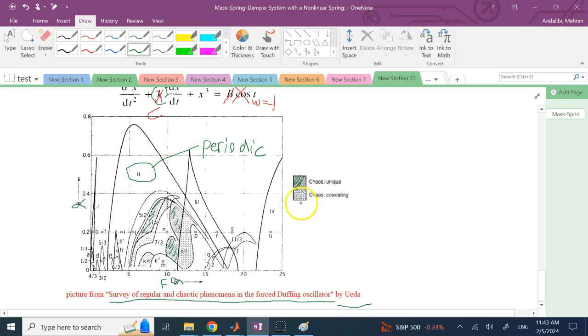And if you see a region that is dashed lines instead of solid lines used for hatching, like these areas, then it's even more interesting because you can have chaos as well as periodic at the same time. So it's called chaos plus periodic, coexisting behavior.